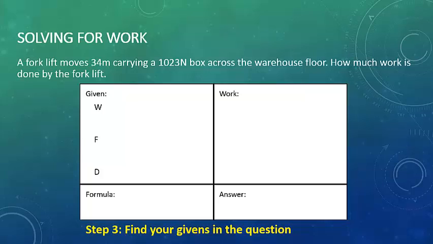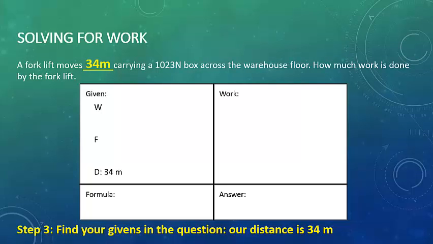So, we're going to start by reading. A forklift moves 34 meters. I am going to stop here because I see 34 meters. When I see the little m, I know we're talking about meters, and since meters is the unit for distance, I'm going to plug that in the D distance spot.